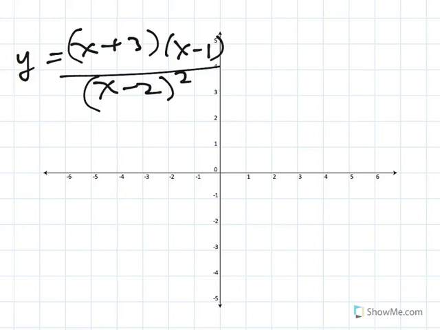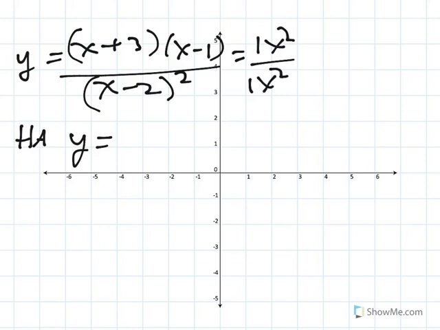Here's one where the degrees on the top and the bottom are equal. So the horizontal asymptote is at y equals, if I actually multiply this out, it would be 1x squared over 1x squared. So y equals 1 is the horizontal asymptote. Y-intercept's useful. -3 over 4.